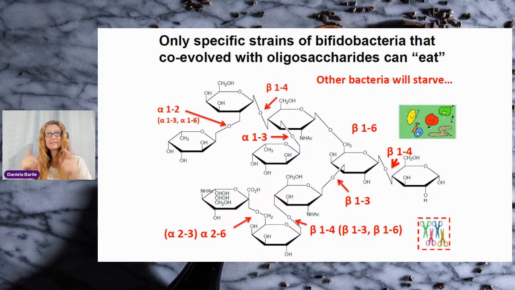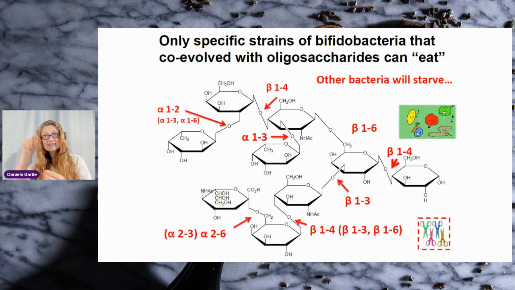They are complicated structures, and how does it work? In 30 seconds, years and years of science done by microbiologists: nature came up with a very ingenious strategy. All the linkages, the things written in red that unite the building blocks of these molecules, are so complicated that only a few bacteria, especially strains of bifidobacteria, which are beneficial and co-evolved with the oligosaccharides in human milk, are able to cleave them.